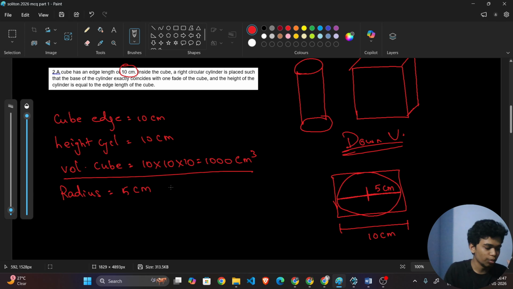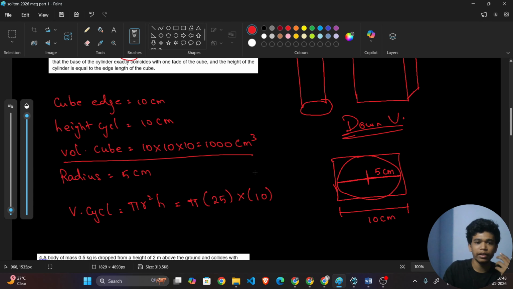Now what is going to be the volume of the cylinder? Volume of cylinder is equal to pi r square h, which is equal to pi into r square, which is 25, into h, which is 10. What is the volume of the cube? It is 1000.